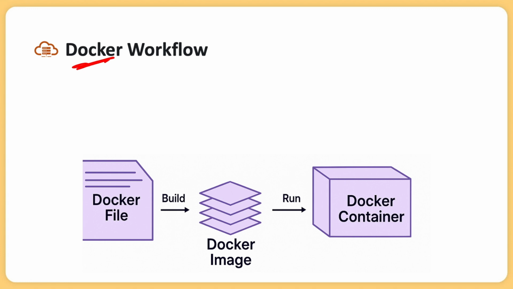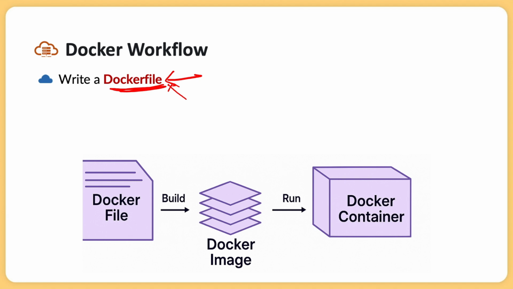First things first, you need to write a container specification. And here, when we are talking about Docker, you need to create a Dockerfile. So we create a file called a Dockerfile, and in this file we define all our container specification like base image, application code, dependencies, and how to run the application.